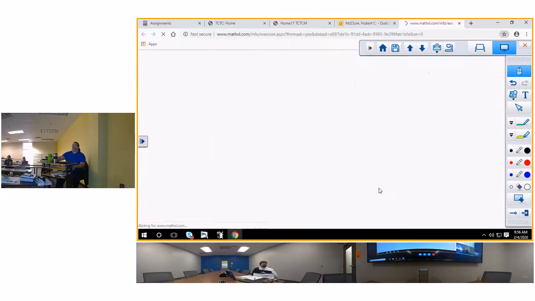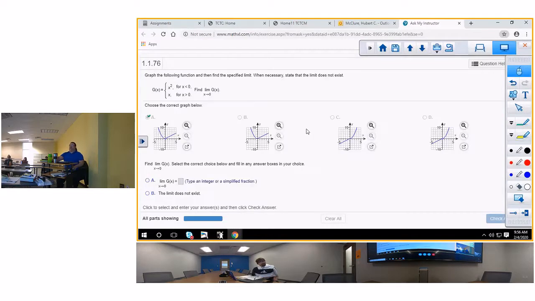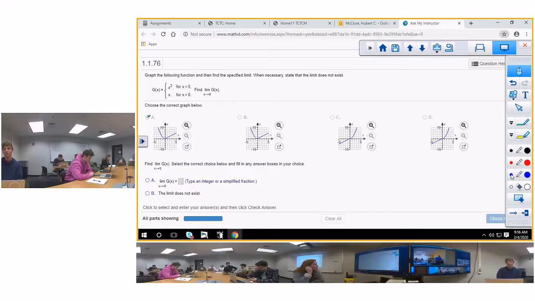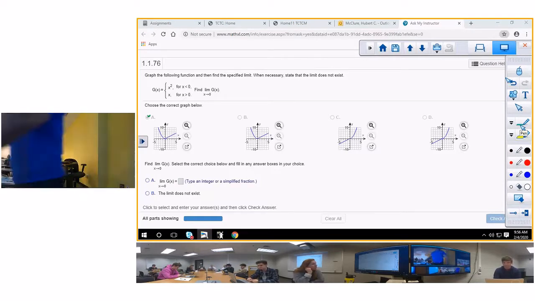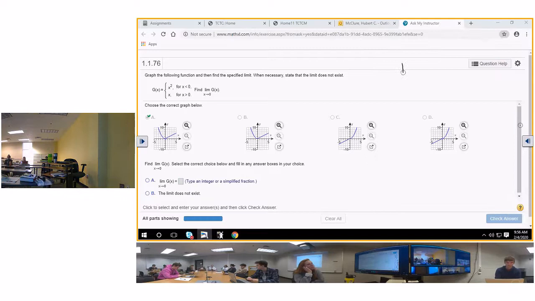76/23. Piecewise function. I'm going to just draw it right quick. I have no idea what they're asking, but we're going to sketch it right quick. Okay, we've got x squared.